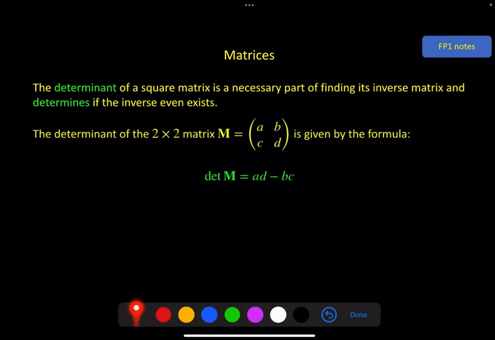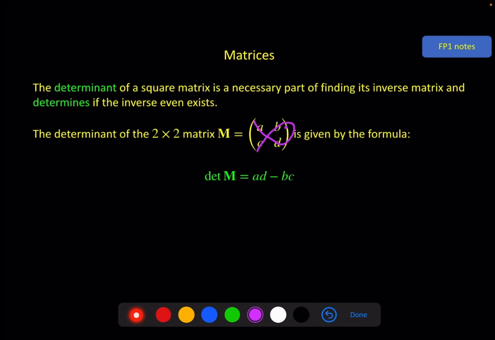The determinant of a 2 by 2 matrix M, if M is this, A, B, C, D, is given by the formula A times D minus B times C. What I like to do here is draw a little fish symbol in my mind. I go from the top left down to the bottom left.